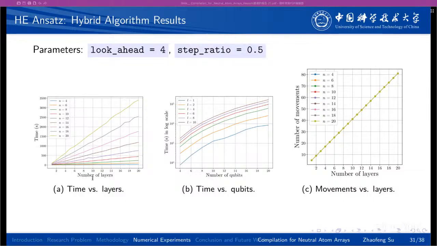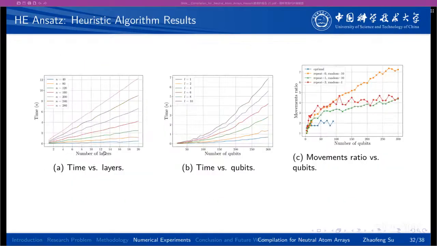So from here we can find that both with the number of layers and the number of qubits, the time increases exponentially. And for our heuristic algorithms, the time is just less than 10 seconds, but the movement is around 4 times that of the optimal result. So it is more practical.